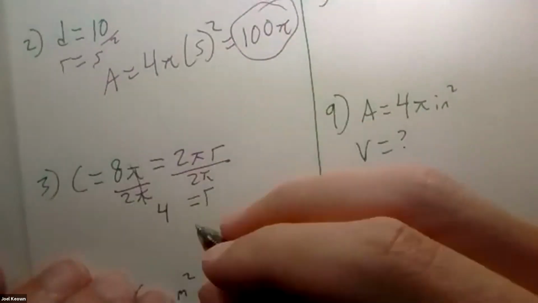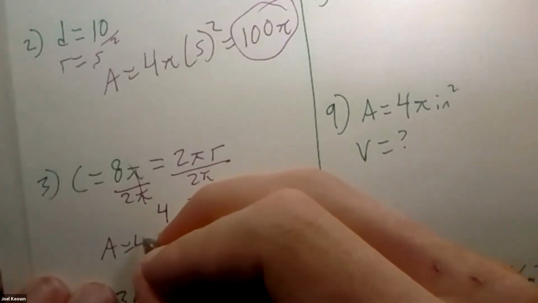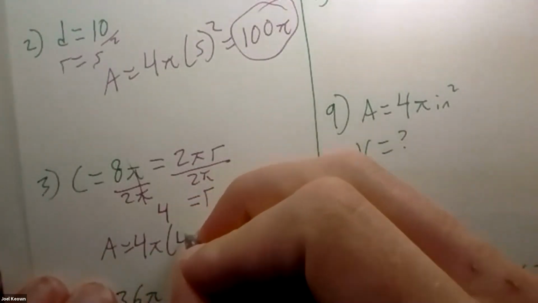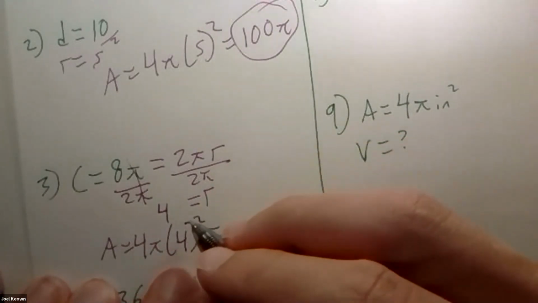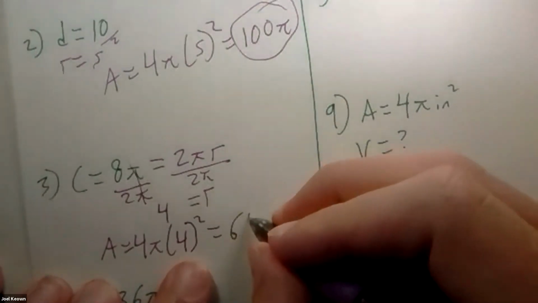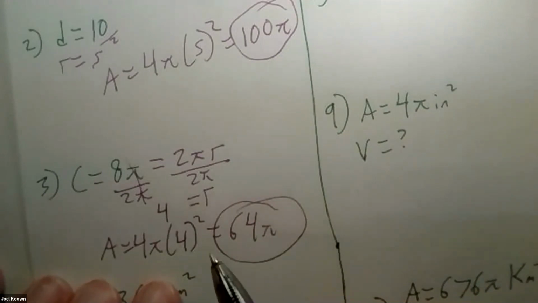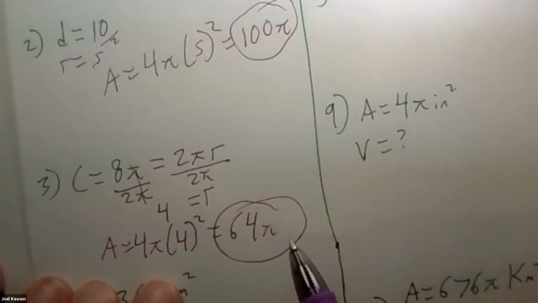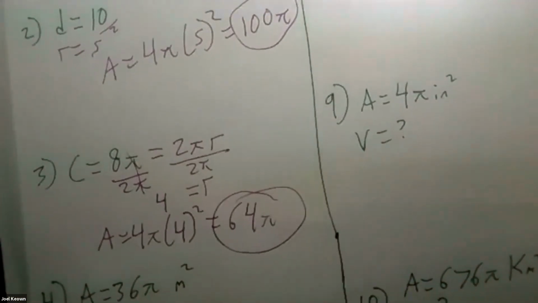So now I can plug in and say, okay, my area is 4 pi 4 squared. 4 squared is 16. 16 times 4, doing this on the calculator, 64. 64 pi. And I didn't write down what the units were, but these would all be units squared because it's area. Okay.